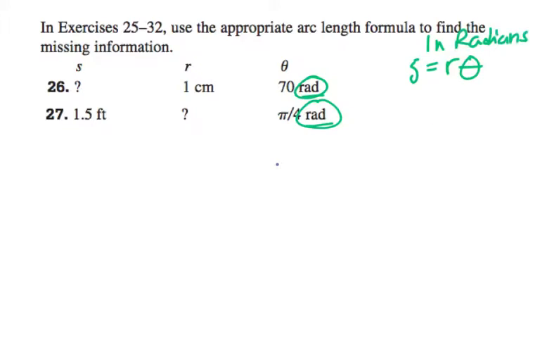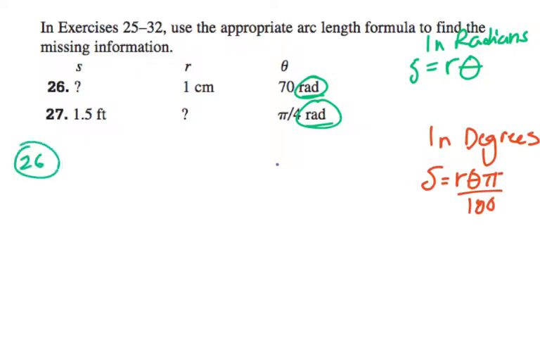Thinking back to the formulas, if it was in degrees, your equation would be r theta pi over 180, so that it could convert the degrees into radians and then use it.